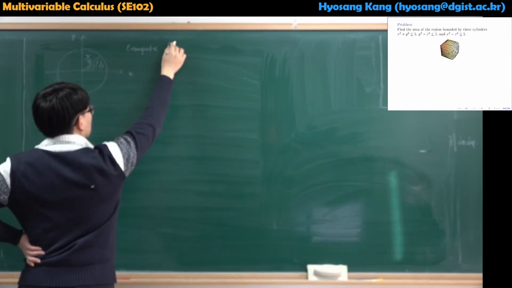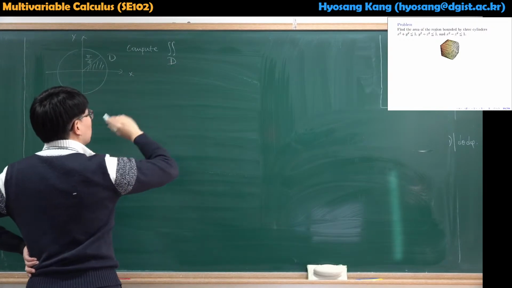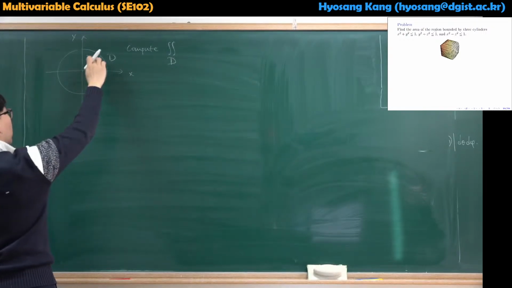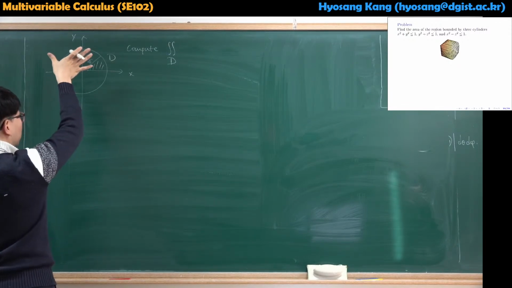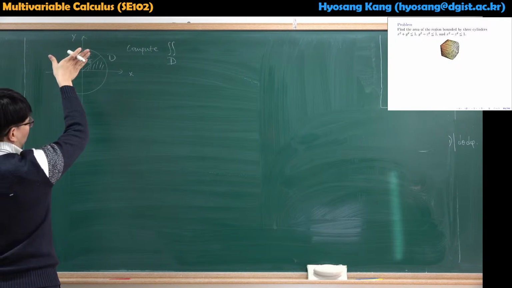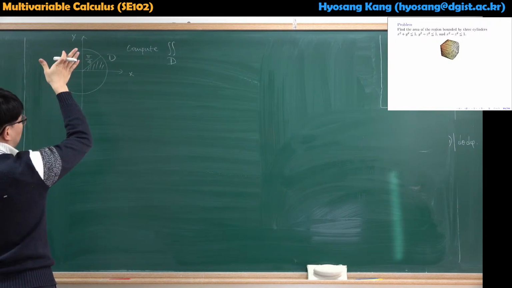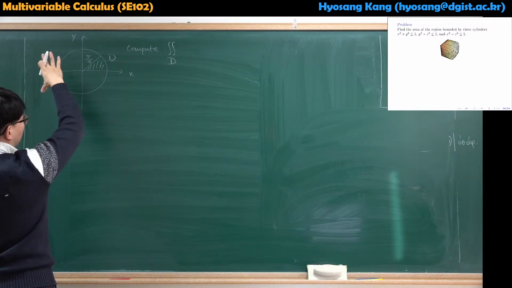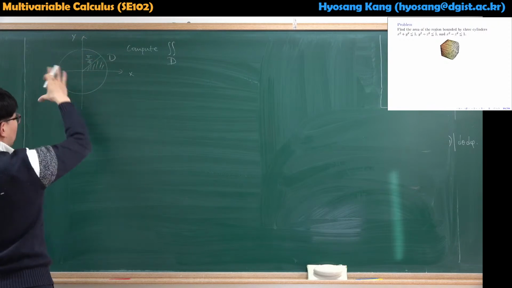Let's say this is our D. Over here, the coordinate of Z is bounded by one of these two cylinders.